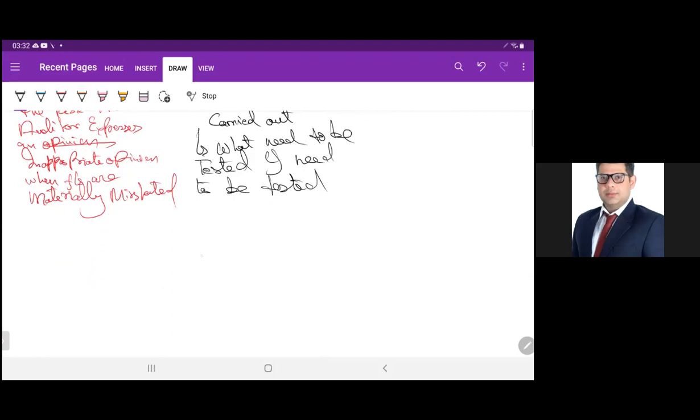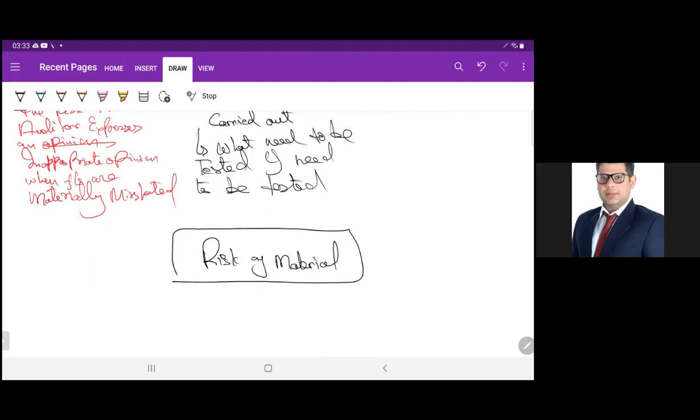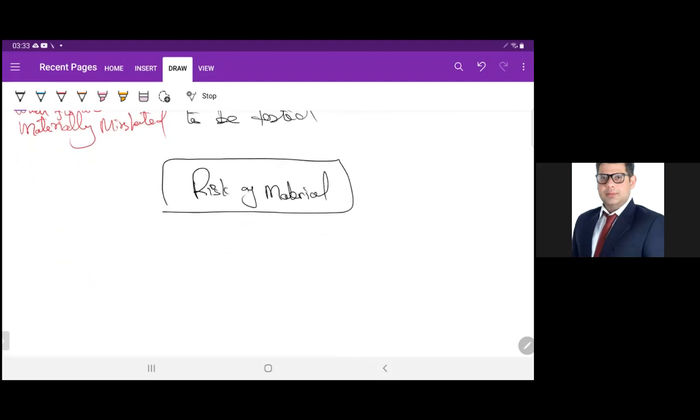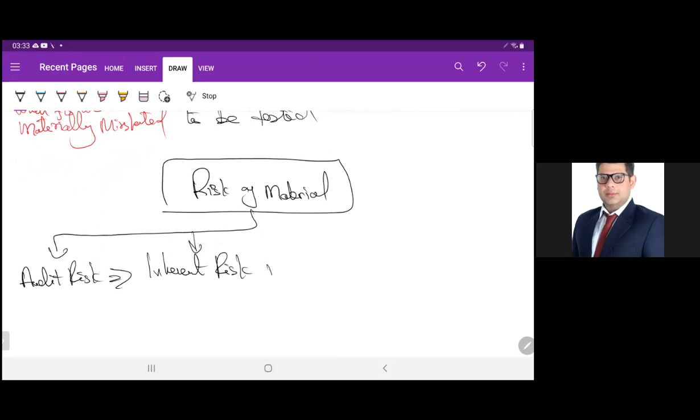That is, audit risk is equal to inherent risk times control risk times detection risk.